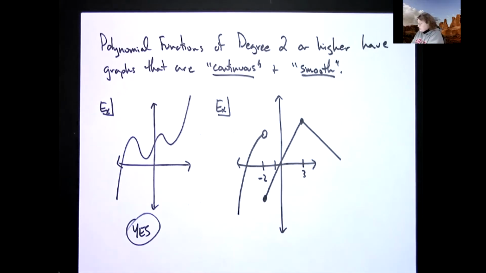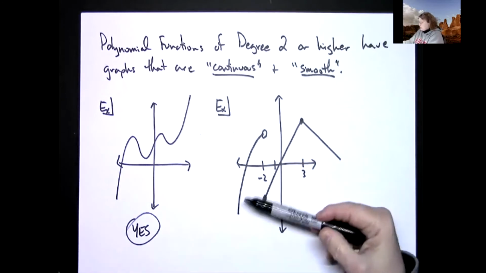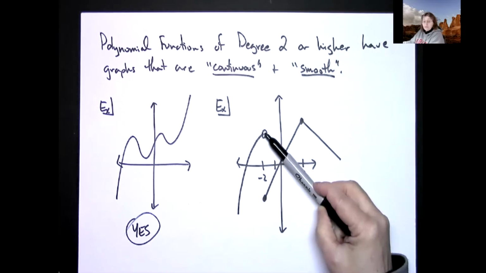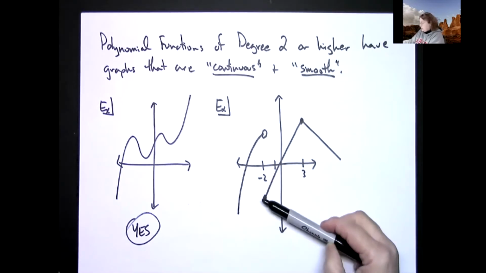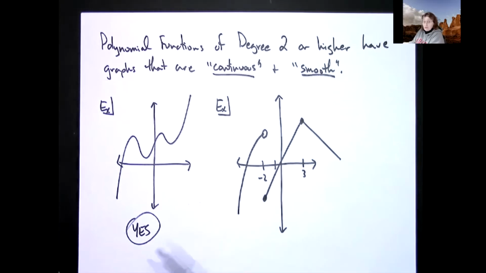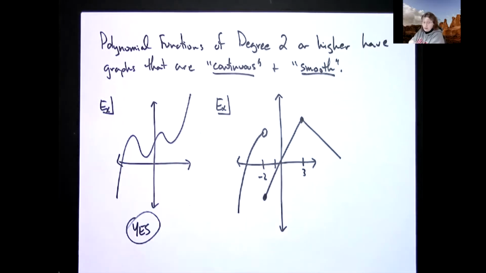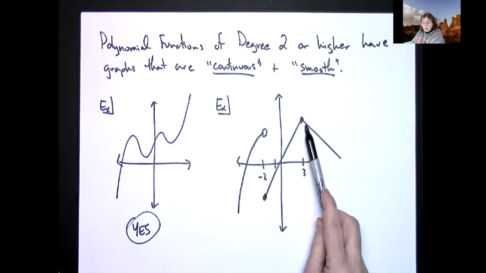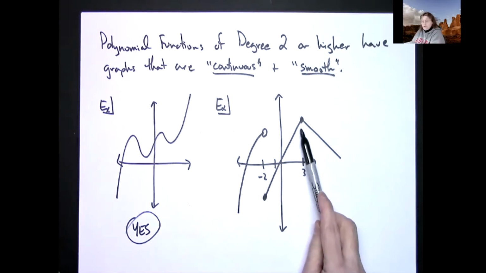But if I would just look at this, ask yourself, is it smooth? Is it continuous? Well, it's not continuous because what did I do? I drew this section first, then I lifted my pencil completely, and then I drew this. So it's not continuous. If it's not continuous, it can't be a polynomial function. It's also not smooth because right there is very clearly a jagged point.